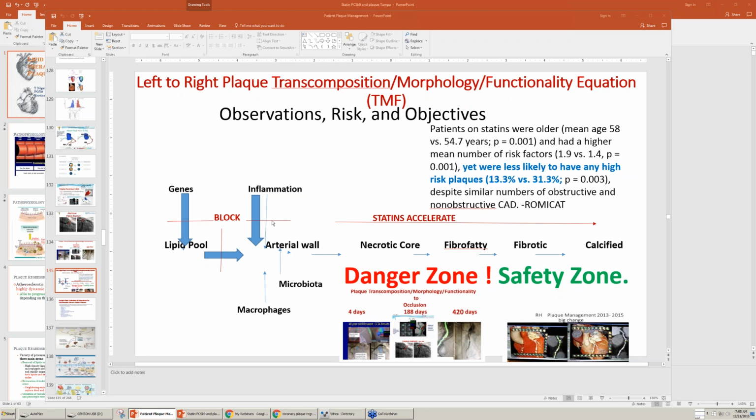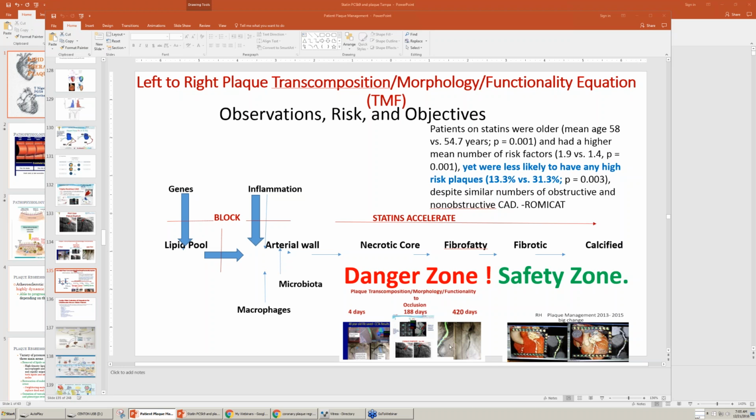And then we got inflammation, which is a huge contributory. All of this basically is leading up to necrotic core, which is like a blister inside the vessel, and we have examples of that down here. And necrotic core then goes to fibrofatty. This is what I consider the danger zone. And down here at the bottom, just to illustrate, we've got a 4-day before heart attack plaque, and then we've got a 188-day before heart attack plaque, and then over here is a 420-day heart attack plaque.